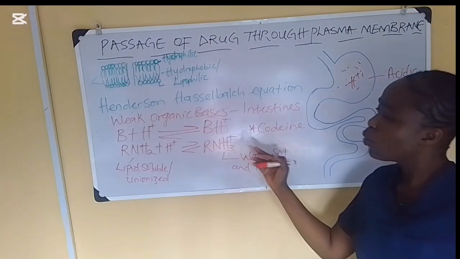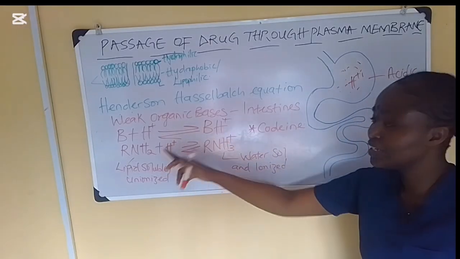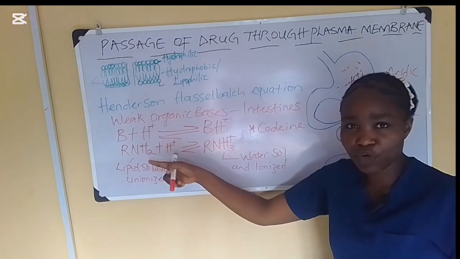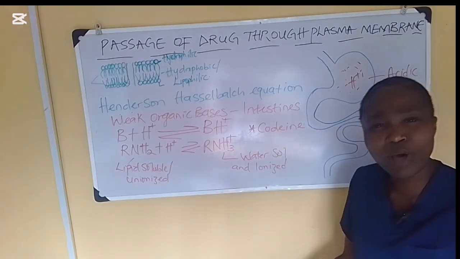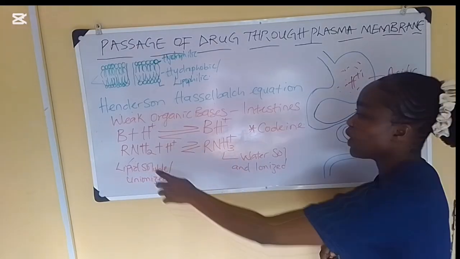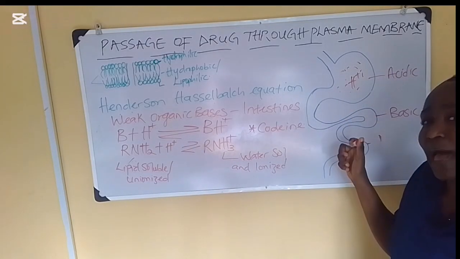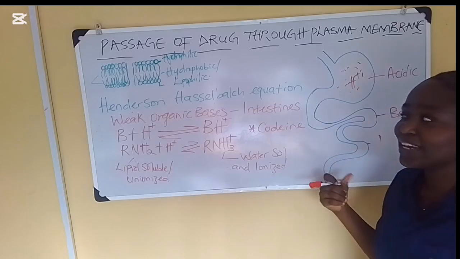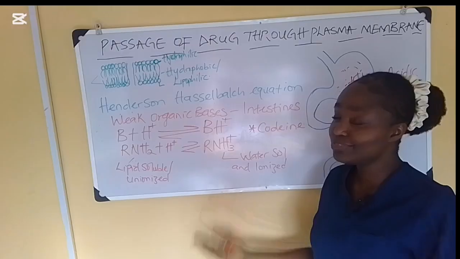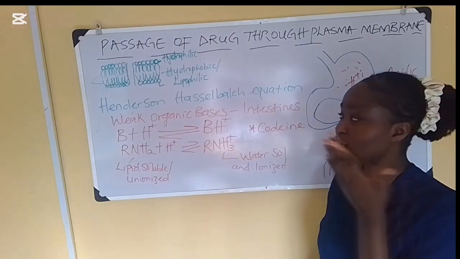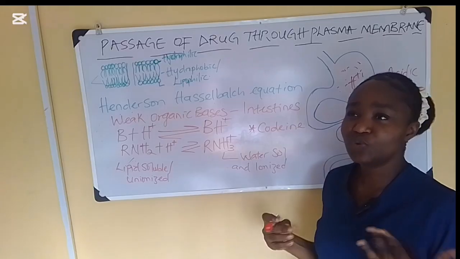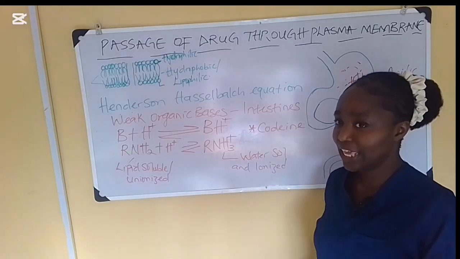So when codeine gets into my intestine, it goes back to the lipid soluble form because there are no hydrogen ions, and in this form it will easily absorb across the intestine. So it makes sense that weak organic acids diffuse across the stomach while weak organic bases diffuse across the intestine. Since we already know this, I want us to talk about drug receptor interactions.